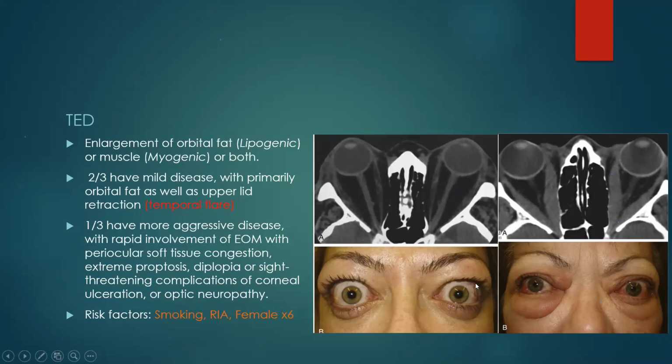This is a pathognomonic and specific sign for thyroid eye disease. One-third have more aggressive disease with rapid involvement of extraocular muscles, with periocular soft tissue congestion, extreme proptosis, diplopia, or sight-threatening complications of corneal ulceration or optic neuropathy.